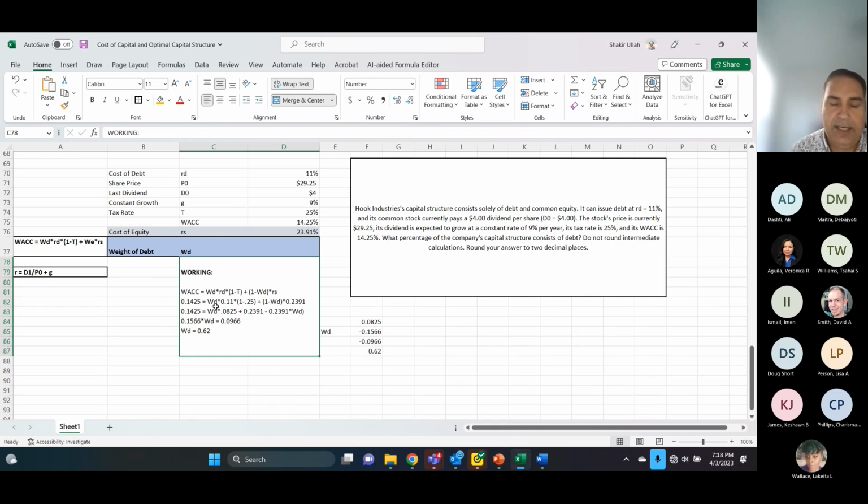Now, doing this and simplifying this, at the end you will find that WD, the weight of debt, comes out to be 0.62 or 62%. If I have done the addition and subtraction correctly, then that would be 62%. All right. So we found what they were looking for.